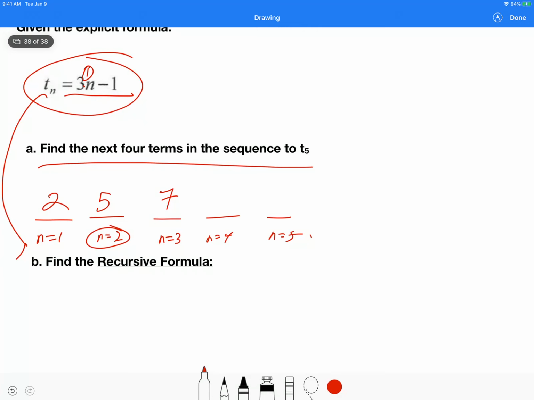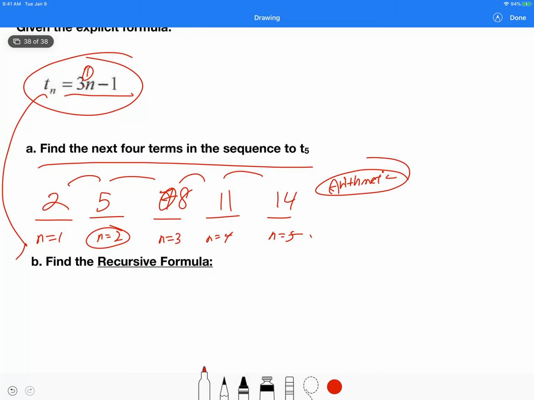Notice how these sequences cannot be expressed well using a recursive formula with a common ratio, because this is neither arithmetic nor geometric. But you can see how, oh, I'm sorry, this is 8. My apologies. So this is simply an arithmetic sequence. 12 minus 1 should be 11, and 15 minus 1 should be 14. So every single time I'm adding 3.